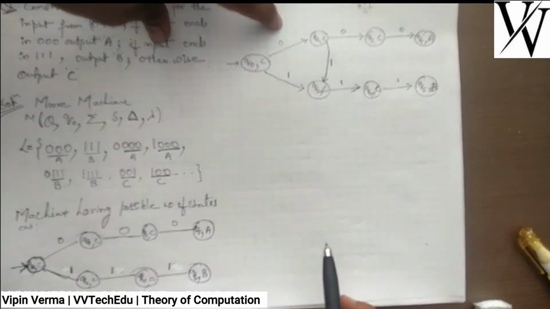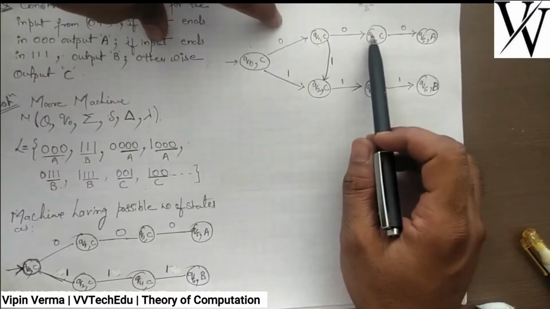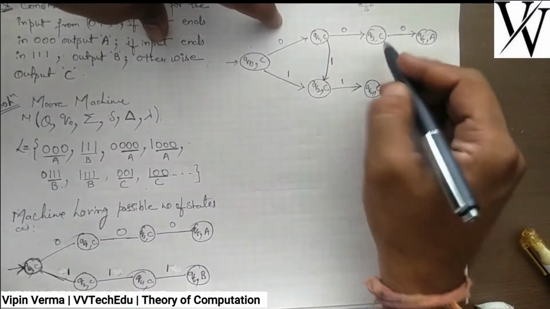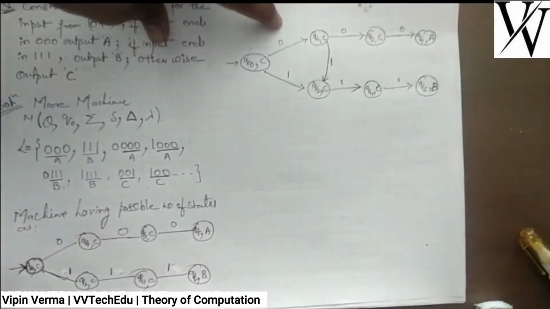for 1. क्लियर है? अब 0 का तो हो गया, अब इस स्टेट पर अगर हम बात करें, so again for 1, 0 0.